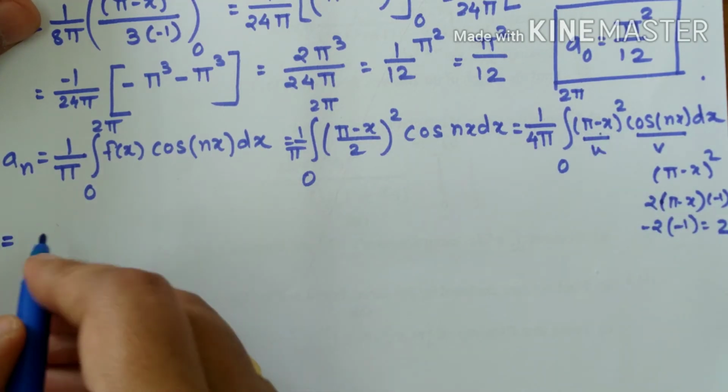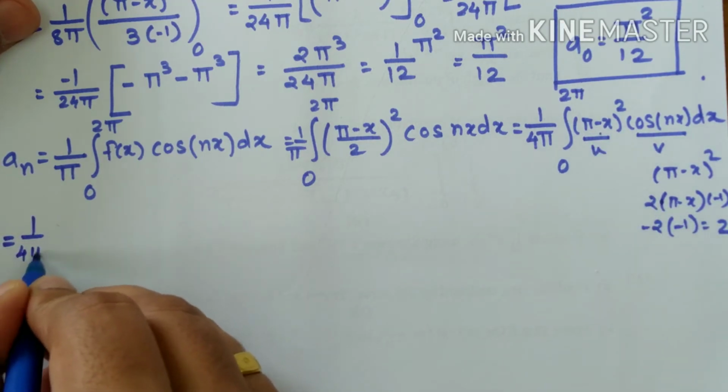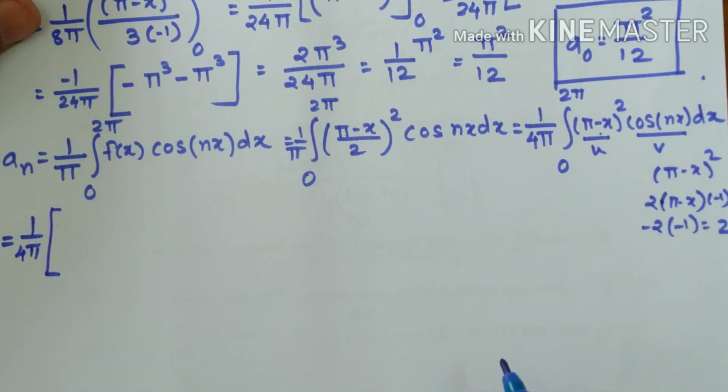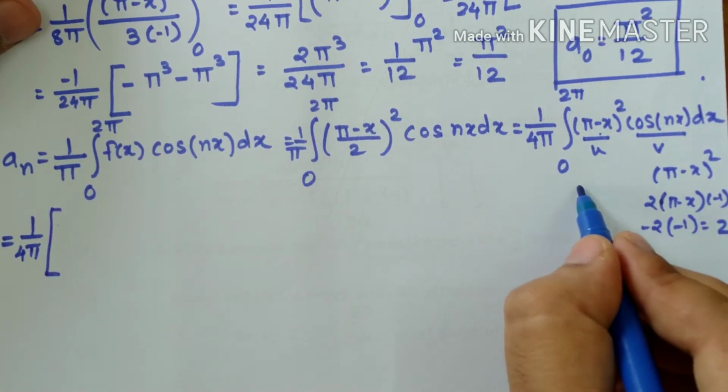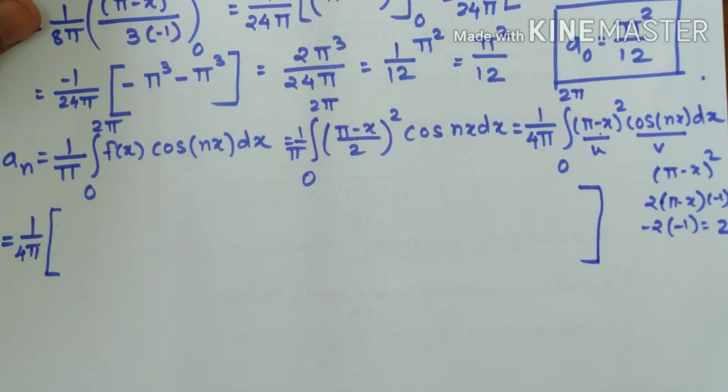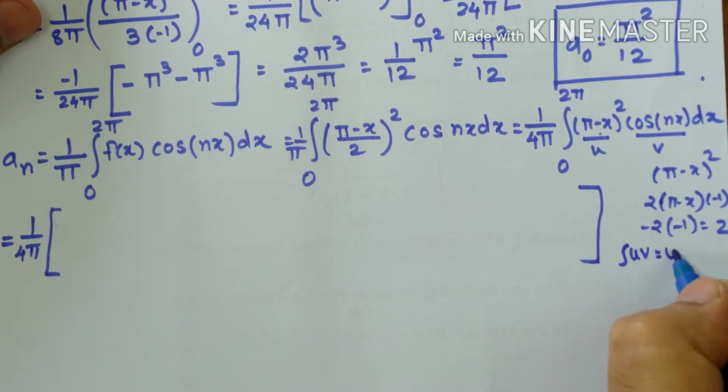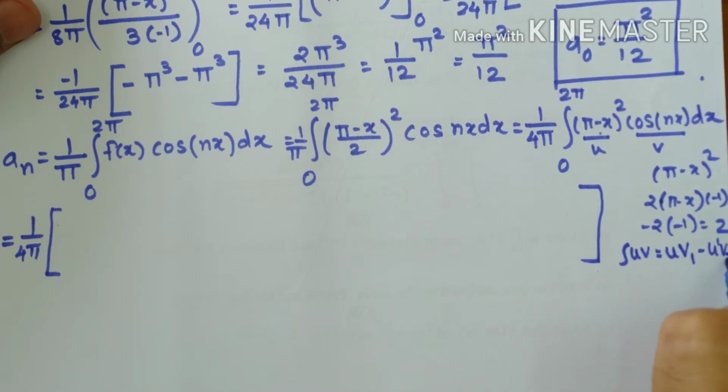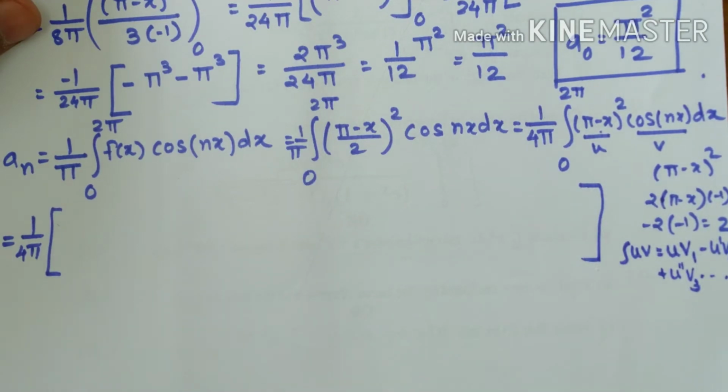Therefore this term equals 1 upon 4 pi as it is, inside of the bracket. See, I'm just going to explain a way so that you can get an integral in the simplest way. Integration uv formula I have already explained in the previous lecture. Integration uv is u v1 minus u dash v2 plus u double dash v3 and so on.